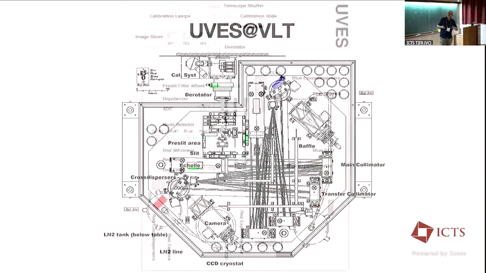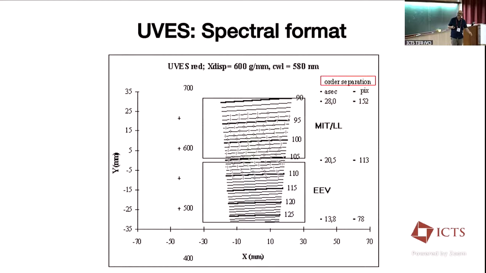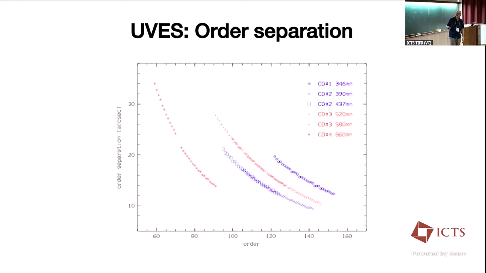So it's a huge instrument. I will not go through that, but if you want, you can have a look yourself. You see one arm of the spectrum imaged on two detectors and different orders from the blue to the red.